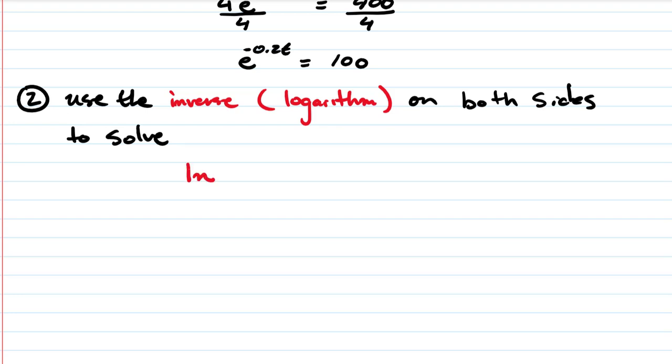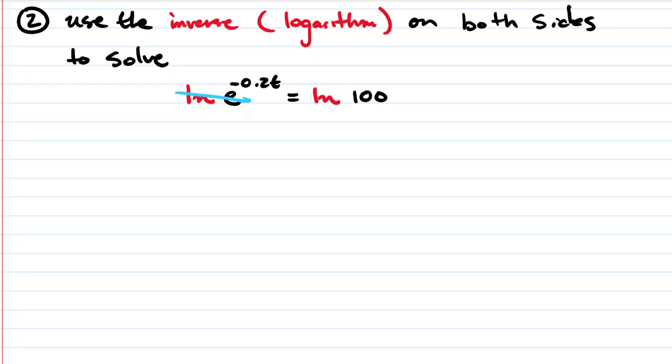The ln of e to the negative 0.2t is equal to the ln of 100. The e and the natural log are inverses, so they undo each other. And that gives us negative 0.2t is equal to the natural logarithm of 100.